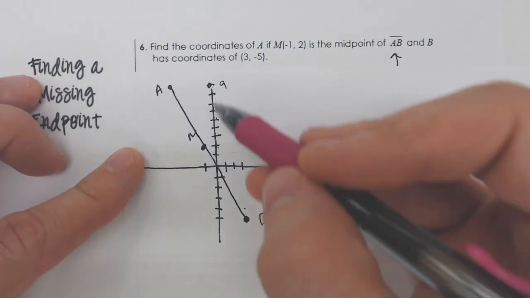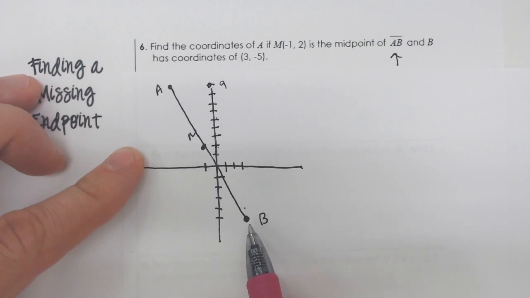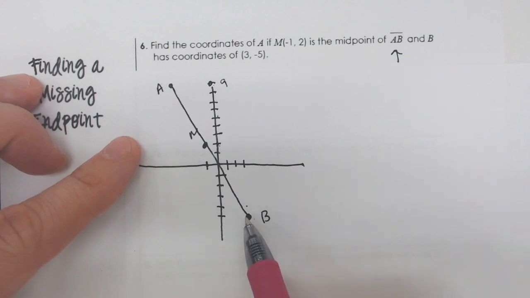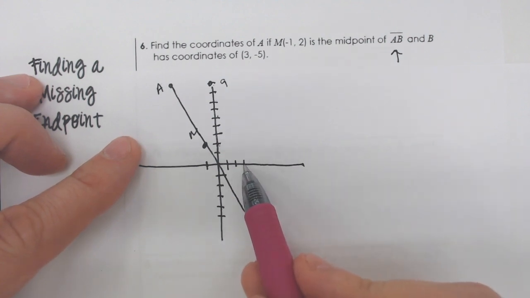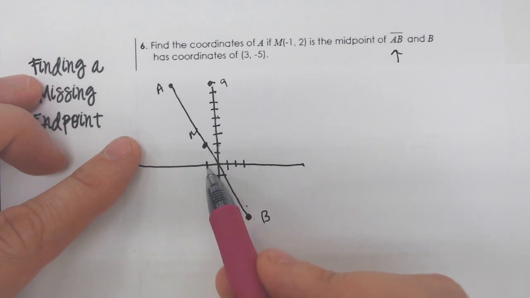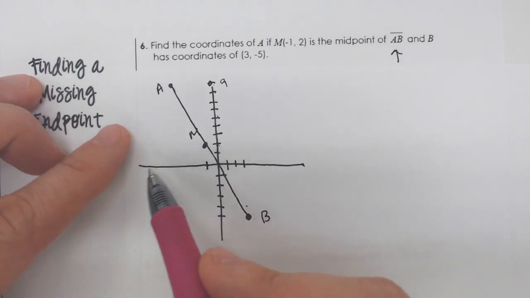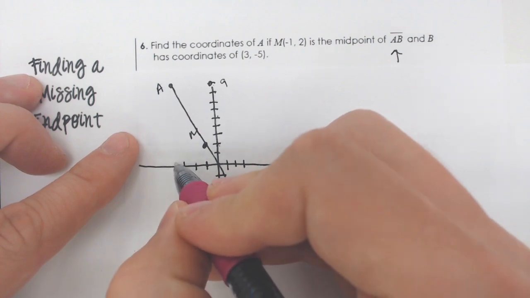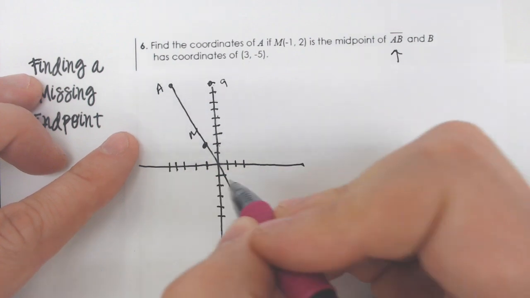All right, so I figured out that part. I now have to figure out how far did I go over from B to M. So we count how far over we went. I'm going to use the hash marks up here: 1, 2, 3, 4. I went over by 4. If I've gone over by 4 and I'm halfway there, I have to go over by another 4 to get all the way there: 1, 2, 3, 4.